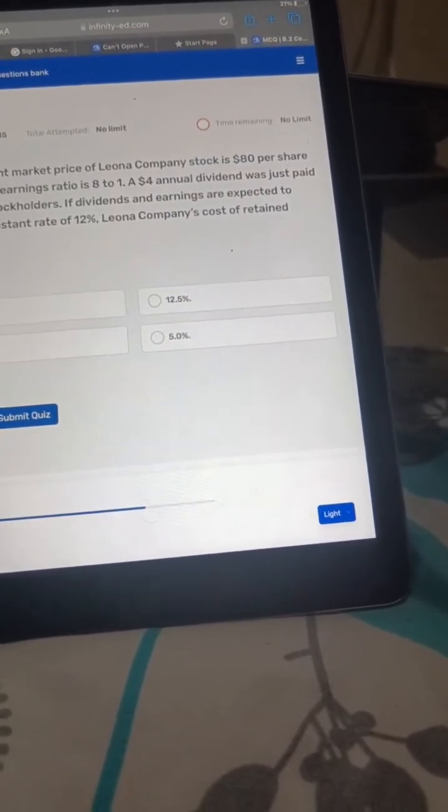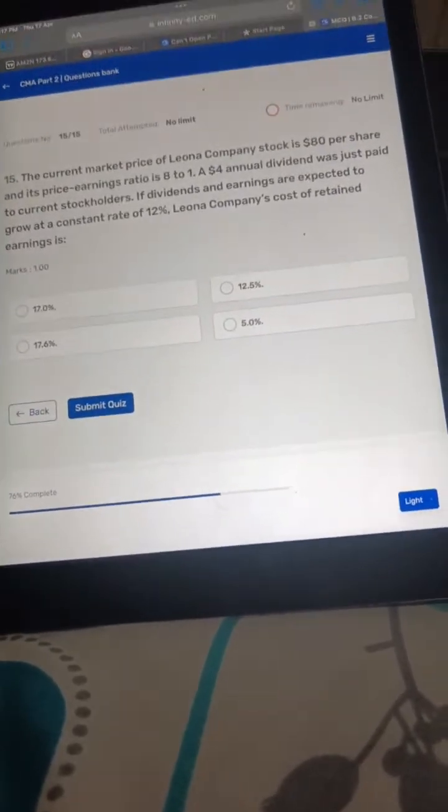We have the formula for this one. We need to memorize this formula. I will tell you exactly what the formula is.